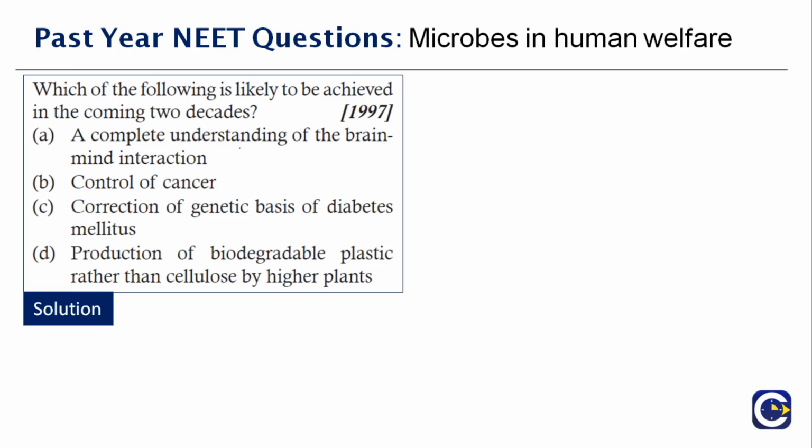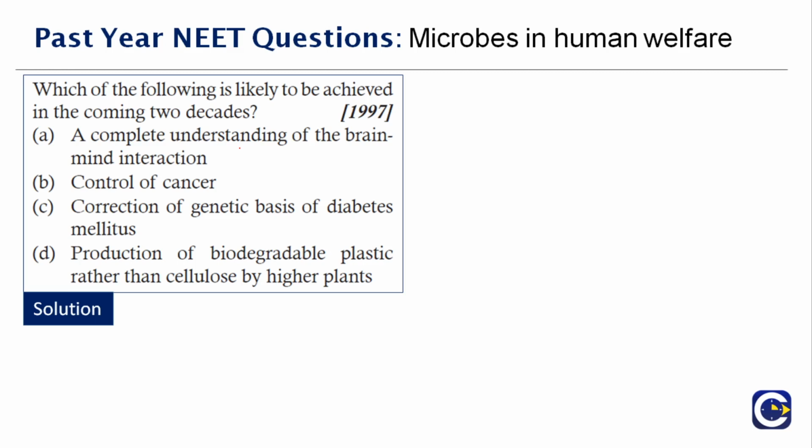Control of cancer is likely to be achieved in the coming 2 decades because there's a lot of research going on and people are trying to find a good medicine so that we can avoid this disease called cancer, because it's a threat to the whole world. People who have a healthy lifestyle are also facing the same condition, and those who have a bad lifestyle are also getting the same thing. So cancer is a little confusing in how it arises. There are many reasons for how it arises and how it begins its onset of symptoms in a body.